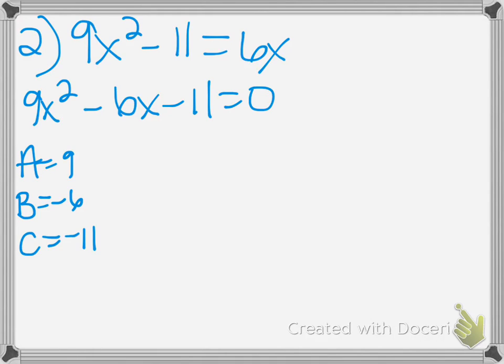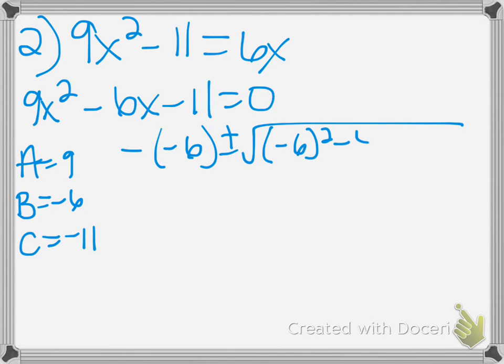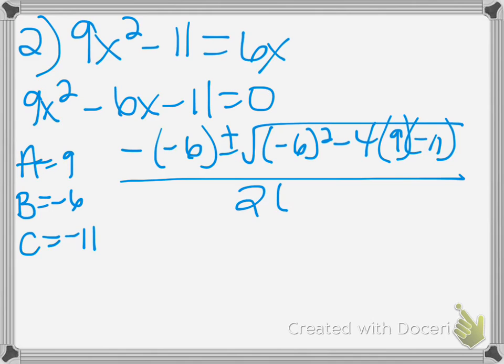So I'm going to go ahead and substitute it in. The opposite of B, plus or minus the square root of B squared, minus 4 times A times C, all over 2A. Okay, that's 2 times 9 there.